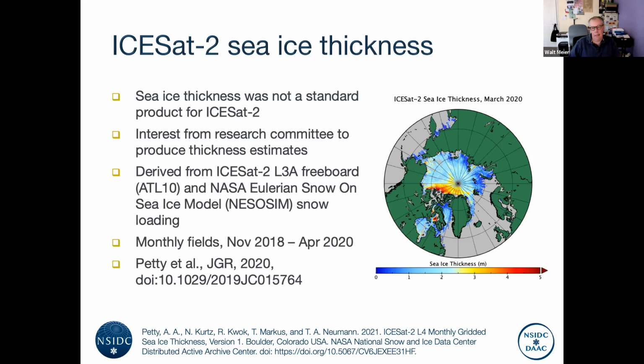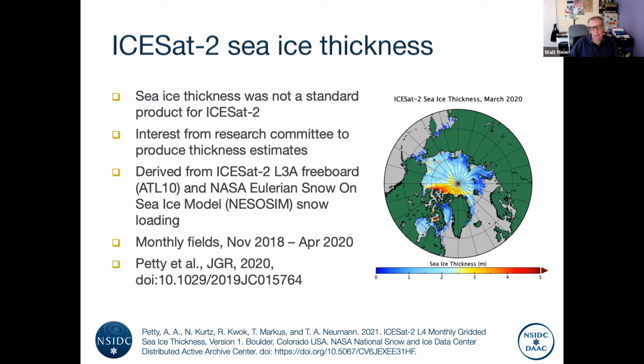And indeed, that has been shown to be possible using the freeboard ATL10 product with NASA's Eulerian snow on sea ice model, NESOSIM, for the snow loading. That was developed by Alek Petty at NASA Goddard, who also was leading the thickness work.